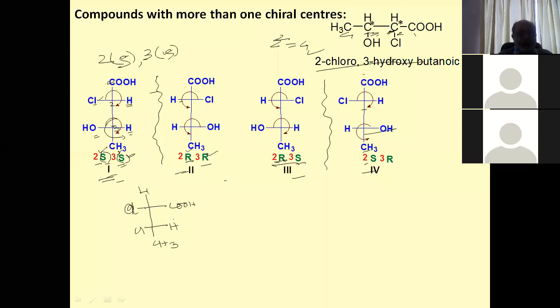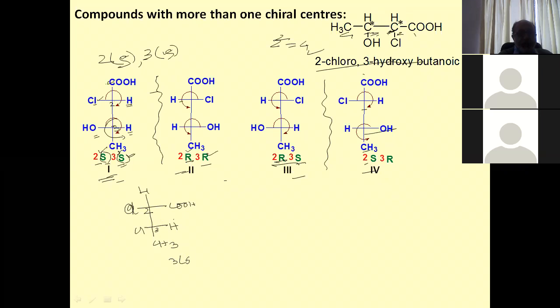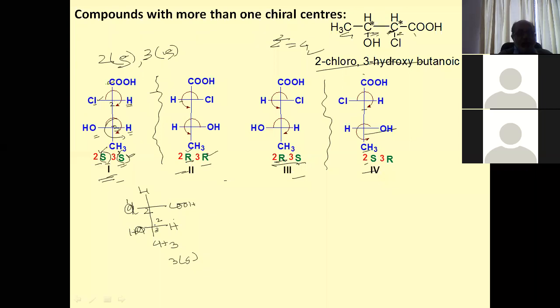So this is carbon number 2, this is carbon number 3. So 3 we have not changed, so 3 will remain as it is, 3 is S. What about 2? 2 has become what? Just see 1, then 2. Oh, this is OH, so this is not 2. 1, then 2, then this is 3, and this is 4.